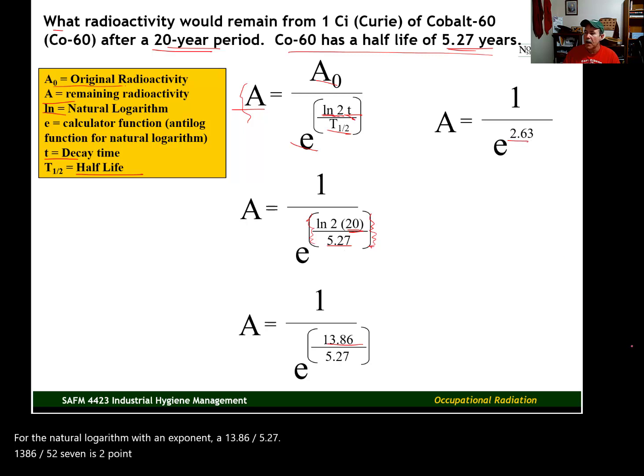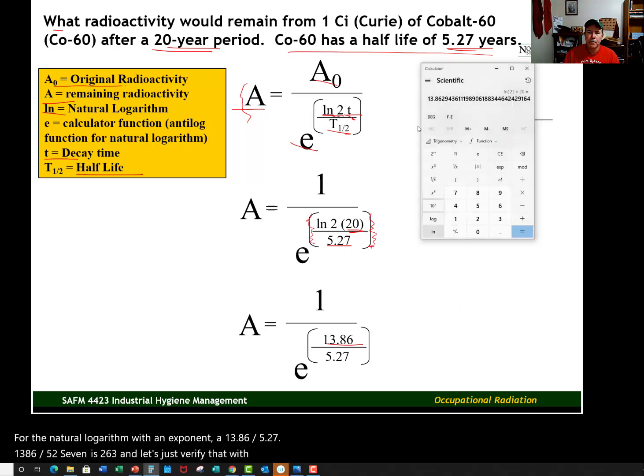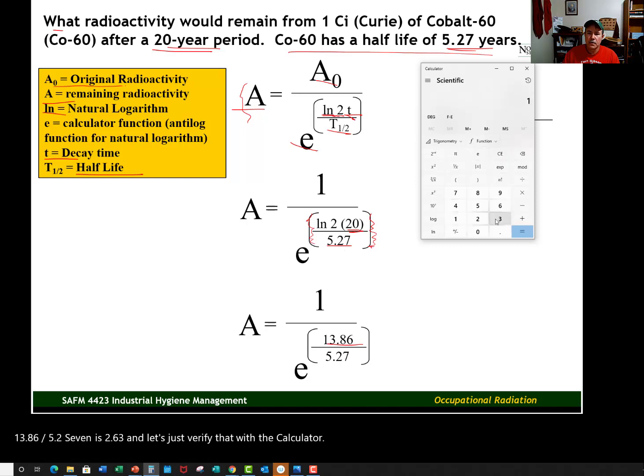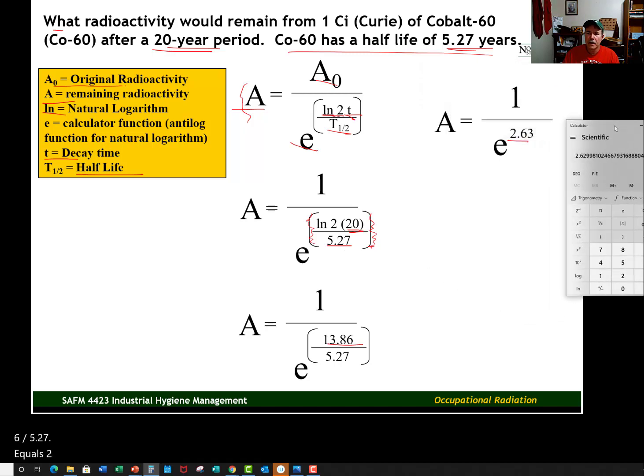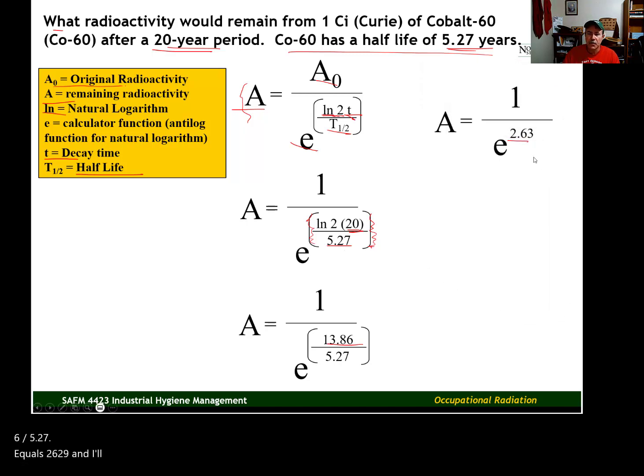Let's just verify that with a calculator. 13.86 divided by 5.27 equals 2.629, and I'll round that to 2.63.